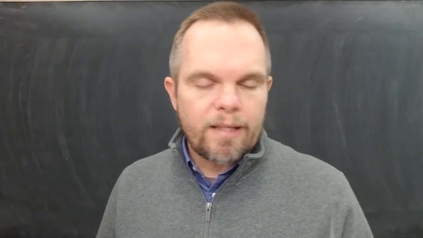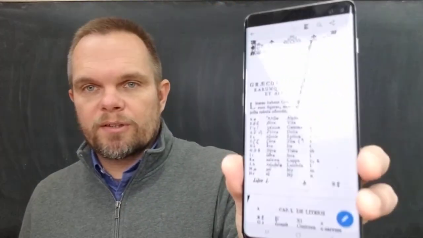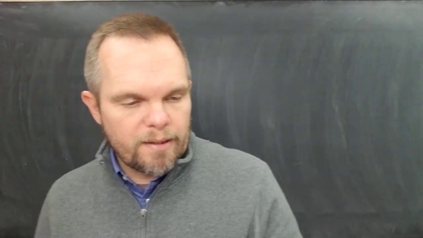Now what the text says there is, the Greeks have 24 letters in their alphabet. So there are 24 letters in the Greek alphabet, of which the figures, names, and powers are shown in the table below. And you can just see there's a table of letters in the original book.